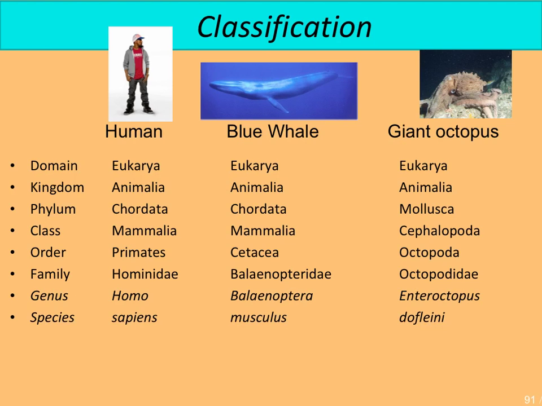You get to actual species. So we're Homo sapiens. The whale is Balaenoptera musculus, the blue whale. So if we go from bottom to top, we go from more specific to less specific.